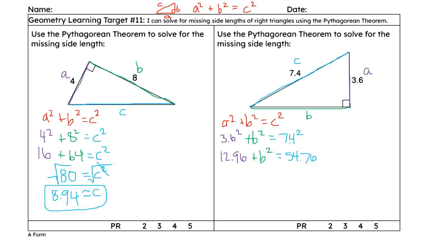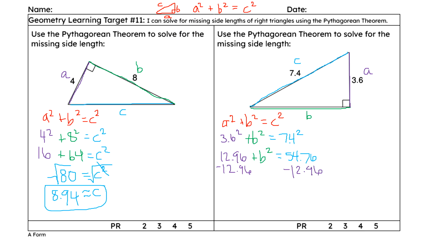All right, now I've got to figure out what B has to be. I think it's going to be easiest if I, let's see, because 12.96 plus my something is going to equal this. If I subtract that away, then I'll know what that remainder is. So let's get rid of that 12.96 to figure out what B squared has to be.